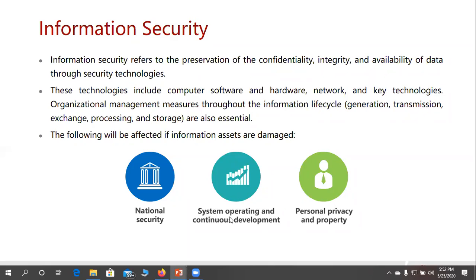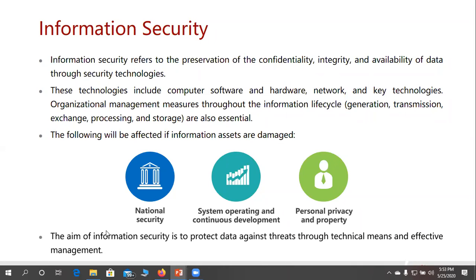System operating and continuous development, as well as personal privacy and property. So these are some of the things that can be affected.